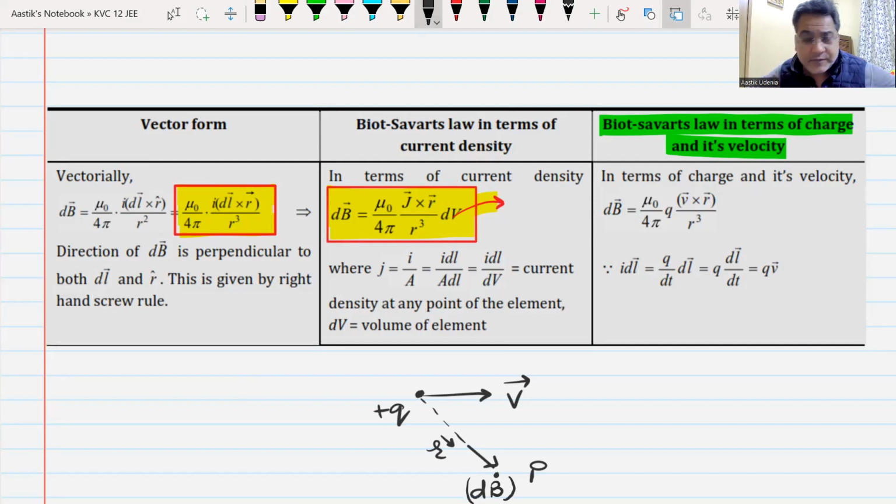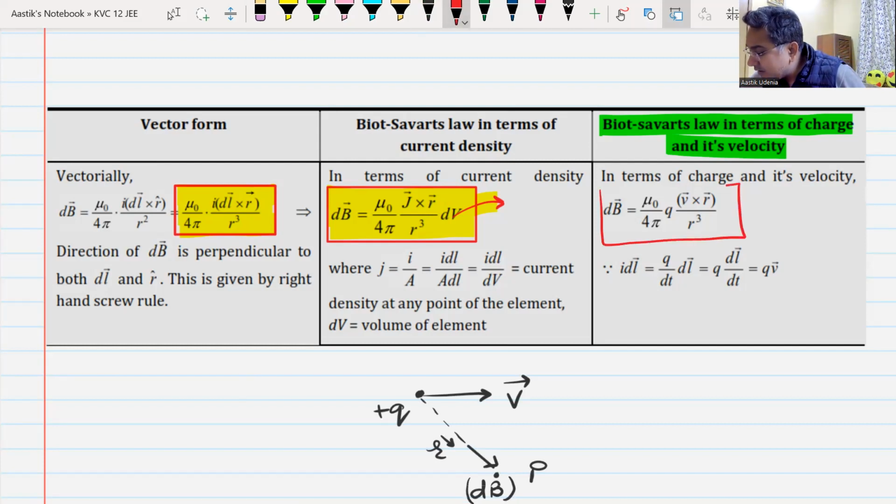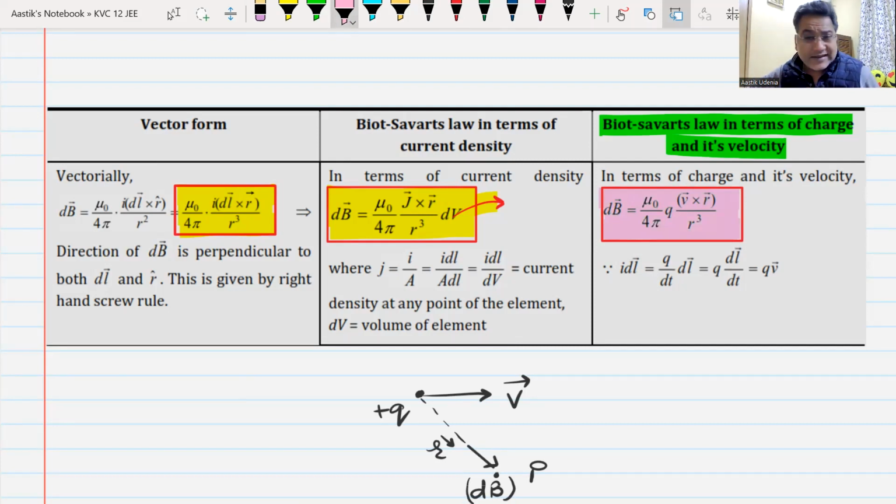dB at this point P, and the value of that magnetic field in vector form will be given by this formula, mu naught by 4 pi q v cross r divided by r cube. If this charge is positive, we will use the positive value. If this charge is negative, we will use the negative value.